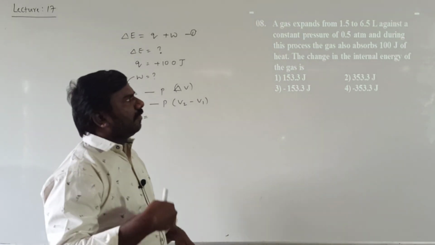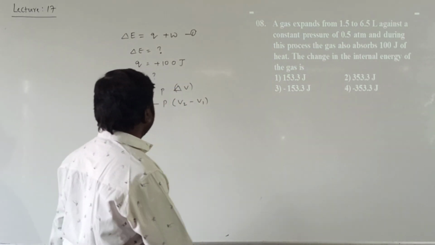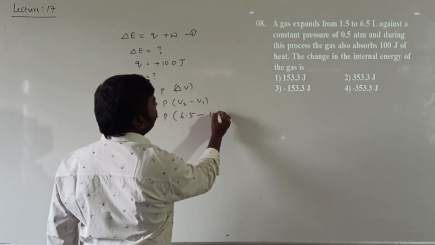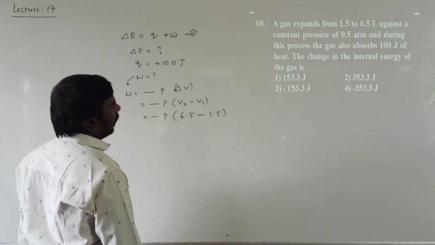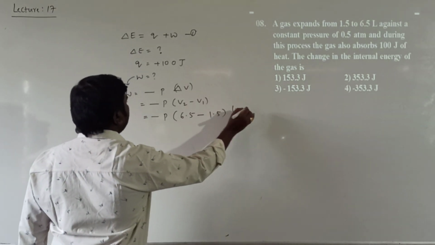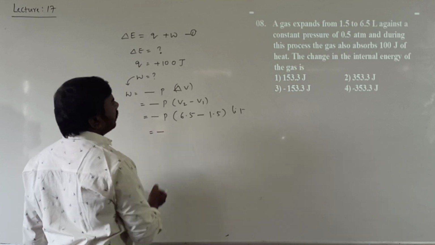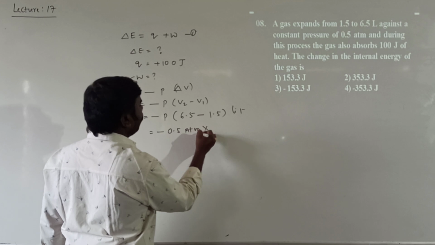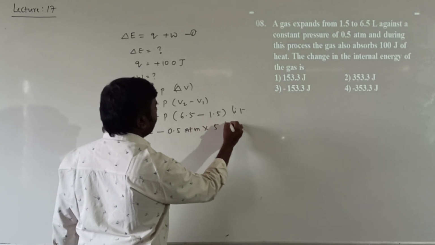Expansion means 1.5 to 6.5, so it is minus P times (6.5 minus 1.5) liters. The pressure given is 0.5 atm, times 5 liters.